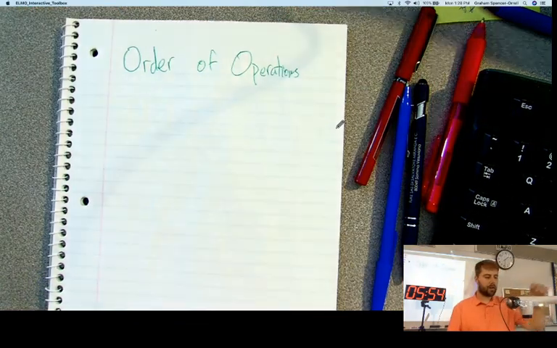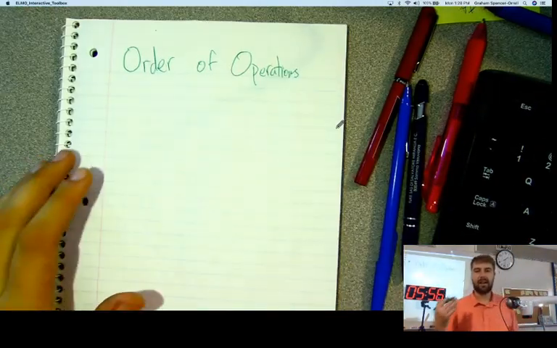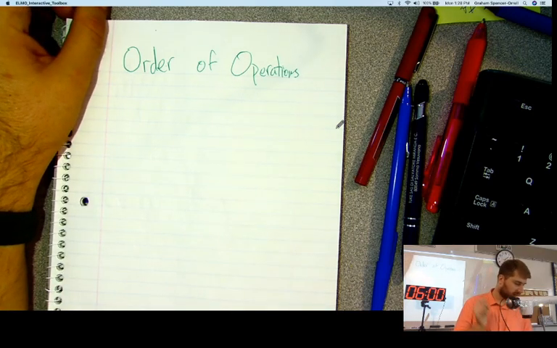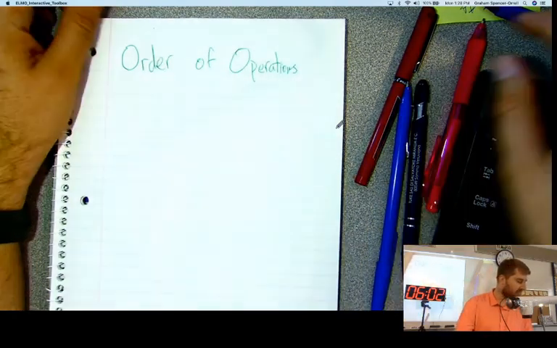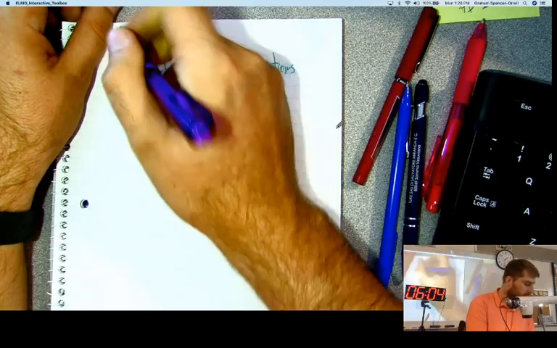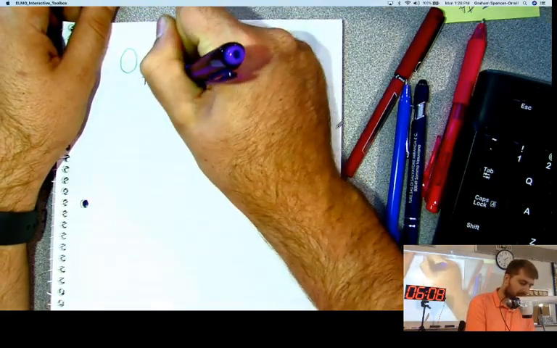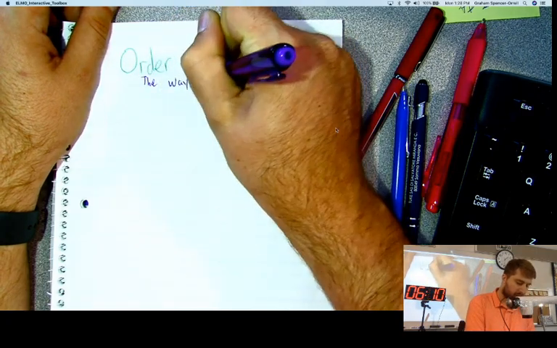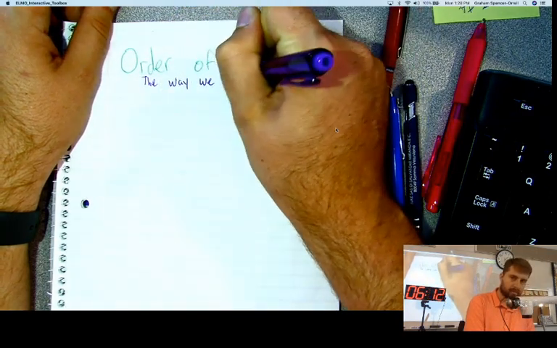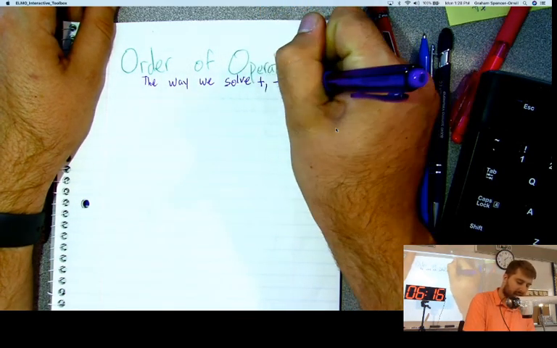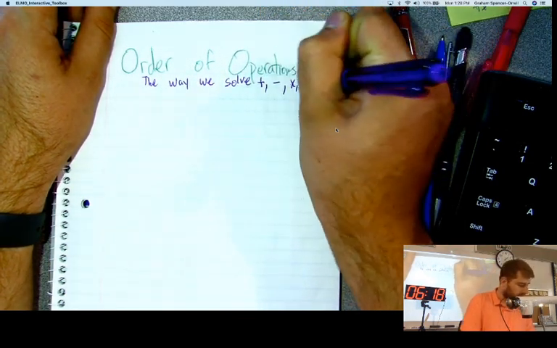And as always, you are welcome to pause this as frequently as you'd like. So our topic is order of operations this week, and it is the way we solve our 4 operations. The way we solve. And I'm going to abbreviate these with the signs: addition, subtraction, multiplication, and division.